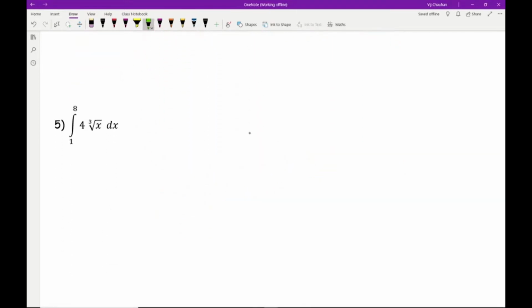So again, here we've got a coefficient in front of our function. So again, what we want to try and do is make our life a little bit easier by rewriting this before we start integrating. So what I've got is 4, and this is going to be x to the power of 1 over 3 dx.